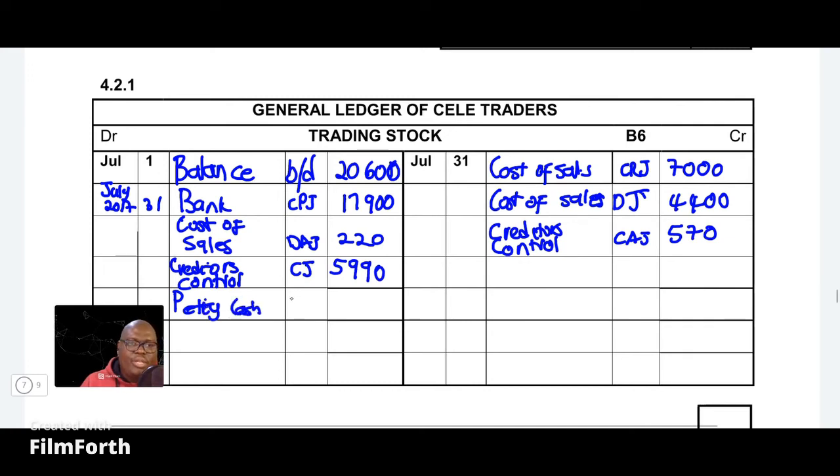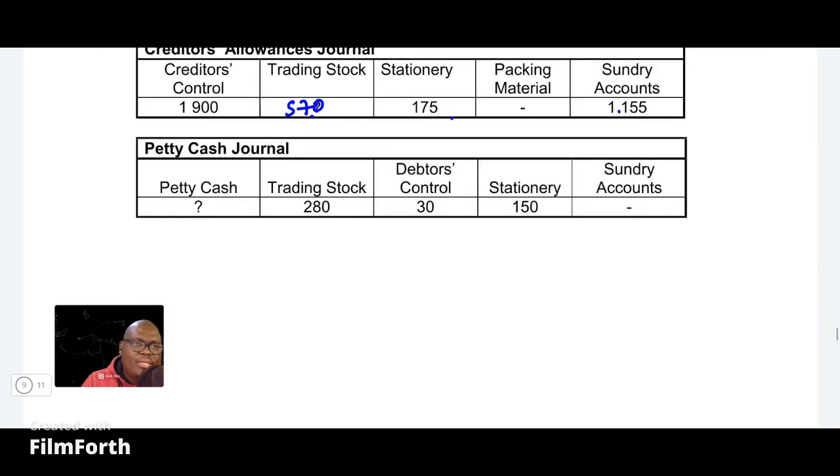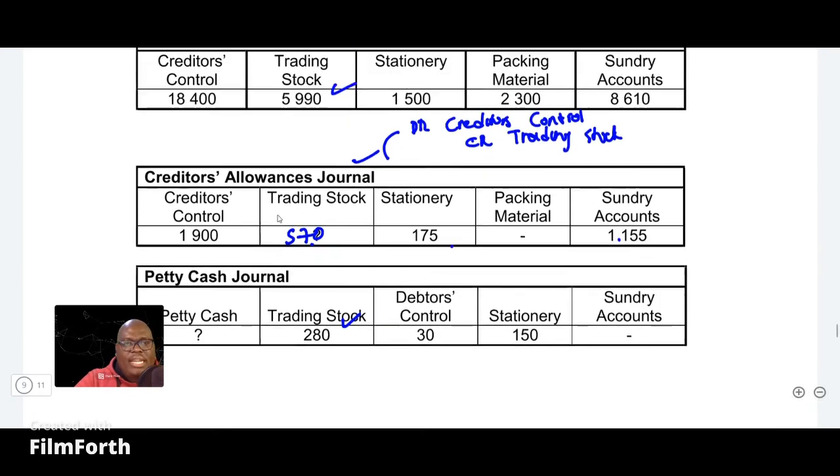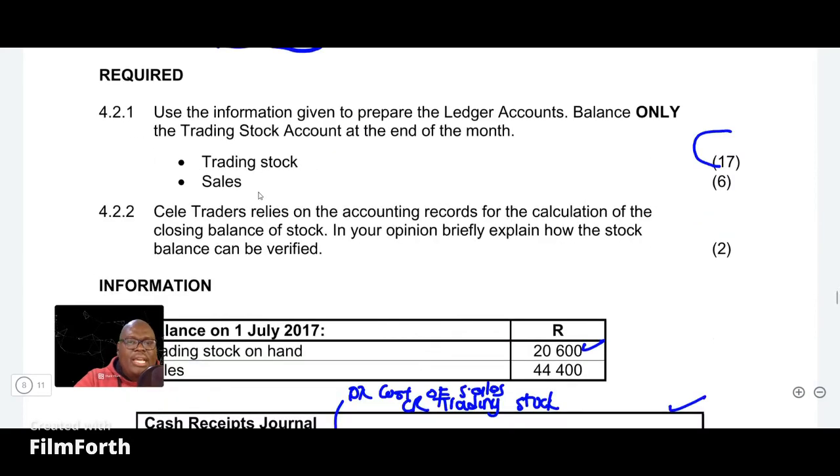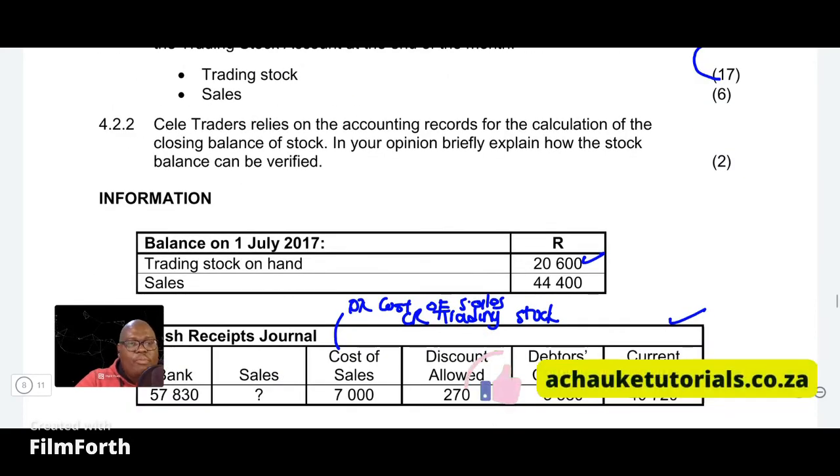So we're going to have petty cash journal as our source of reference, and the amount is 208. And then you will realize that from there we have used every subsidiary journal that was given to us. So meaning that our information should now be complete. We just have to do our totals.